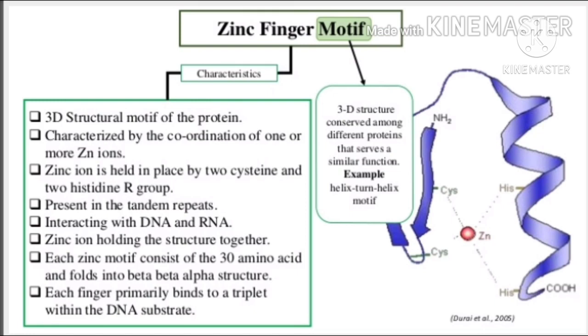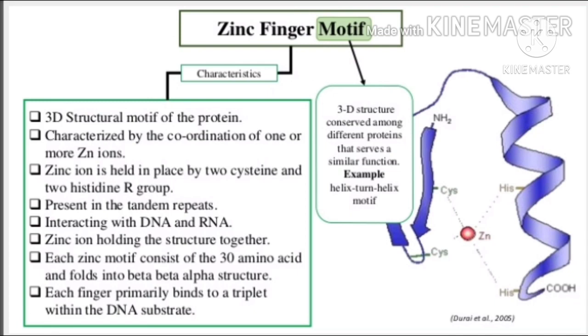It is a three-dimensional structural motif of the protein, characterized by the coordination of one or more zinc ions. When you are analyzing zinc finger motif, you can see the presence of zinc ion. And the zinc ion is held in place by two cysteine and two histidine R groups. You know that cysteine is a sulfur-containing amino acid and histidine is a basic amino acid.